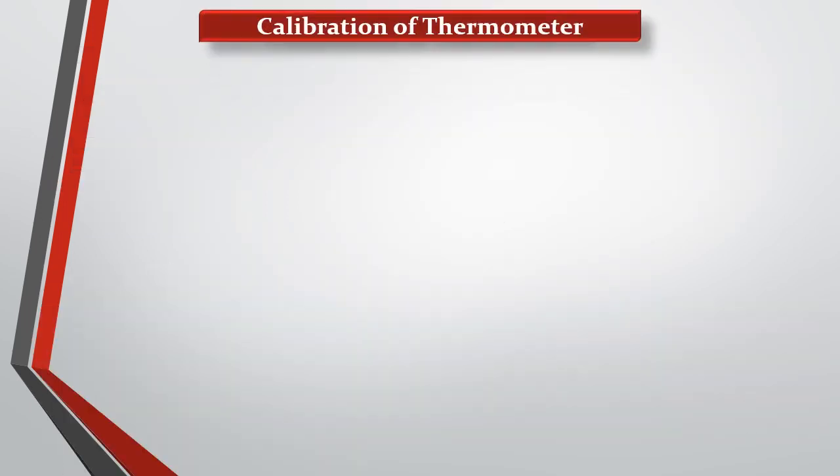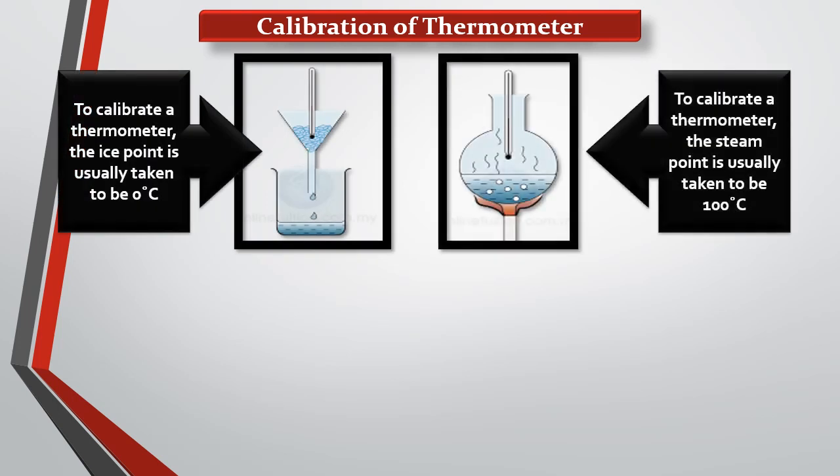So we continue with how to calibrate the thermometer. There are 2 diagrams I provide to you. On the left side, to calibrate the thermometer, the ice point is usually taken to be 0 degrees Celsius. We can see in the diagram we put a thermometer inside the ice and the ice starts to melt. This is what we call the melting point.